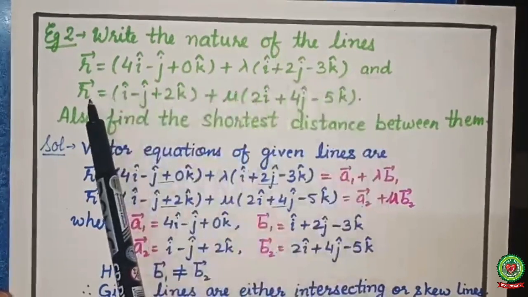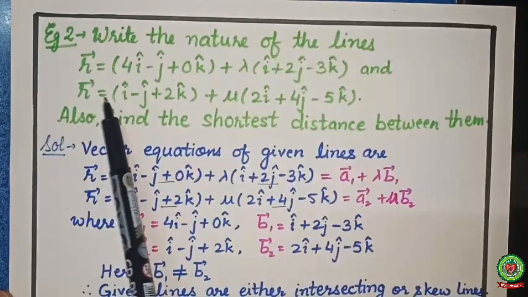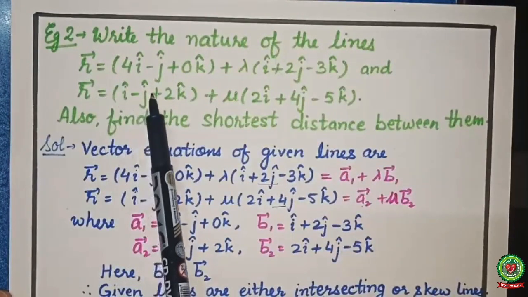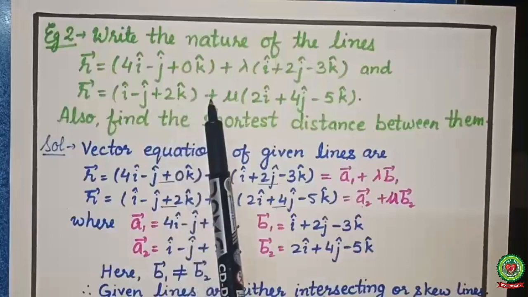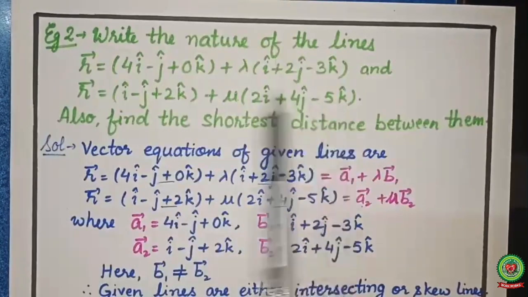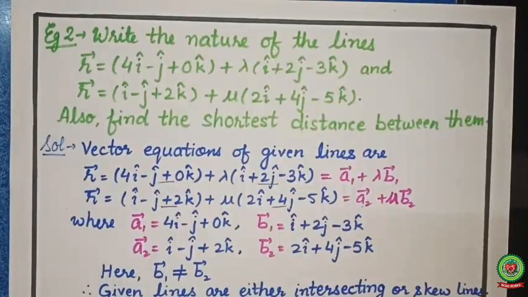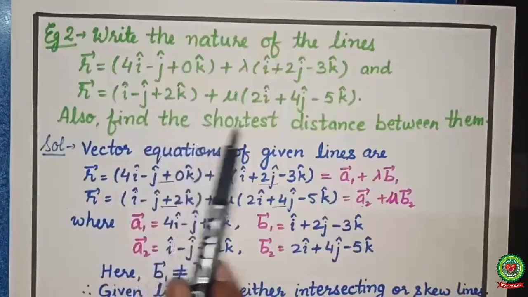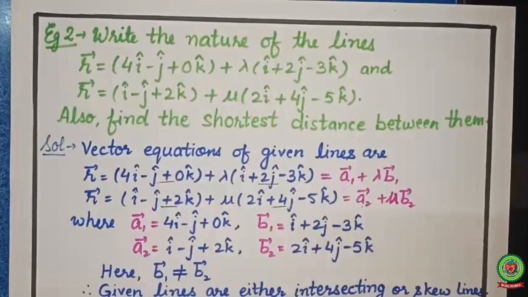And second line is r vector equal to i cap minus j cap plus 2k cap plus mu times (2i cap plus 4j cap minus 5k cap). Firstly, we have to tell about the nature of lines, that is which type of lines these are. Also find the shortest distance between them.